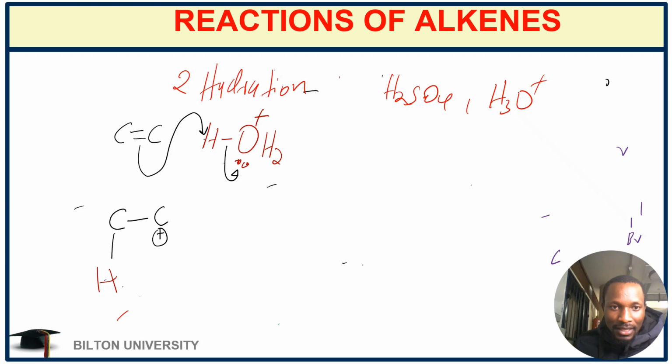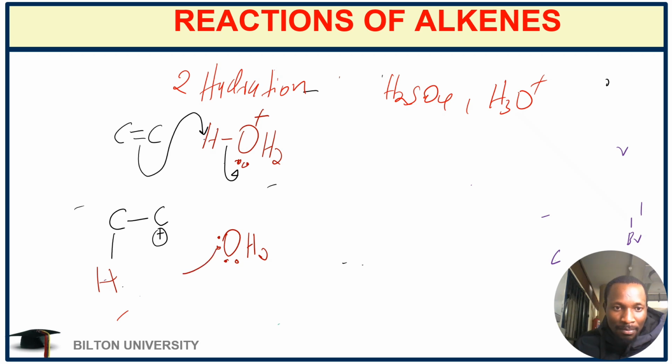So on this side now we have our OH2. Fair enough. So what now happens is that this water molecule is going to attack this carbocation to form a new carbon-oxygen bond.